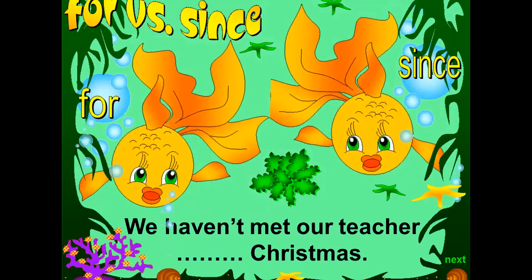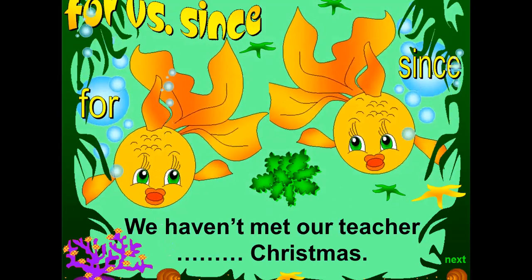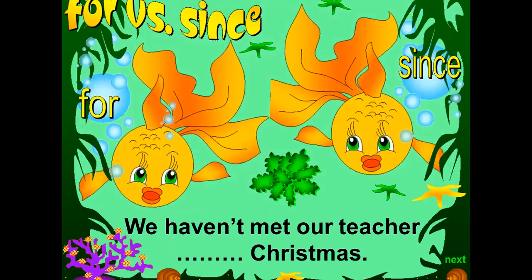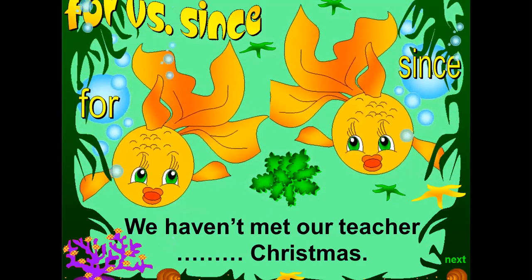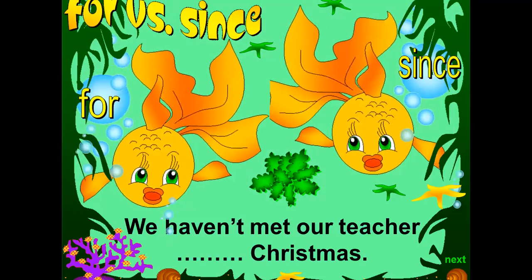So I have been living, I have lived here since October. From October, now, for example, I'm in July. From October, we say October, November, December, January, February, March, April, May, June, and July. 10 months. So the 10 months here is for.